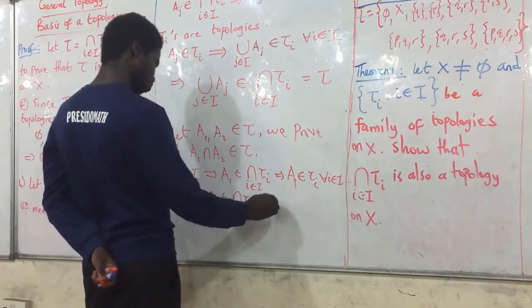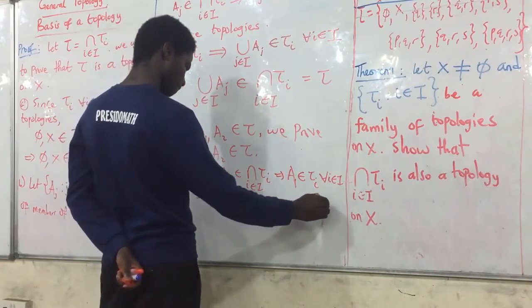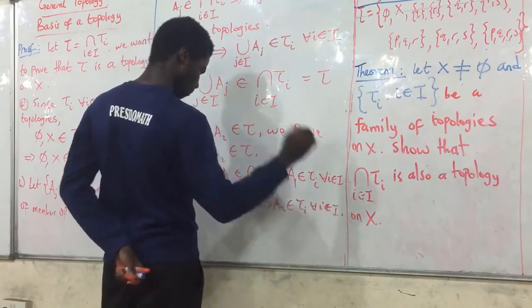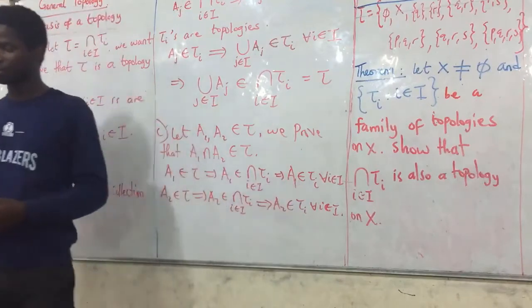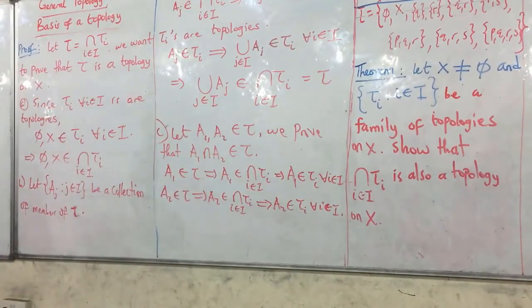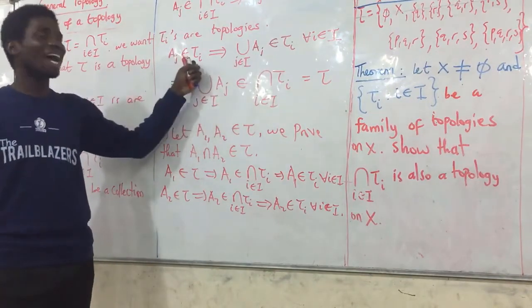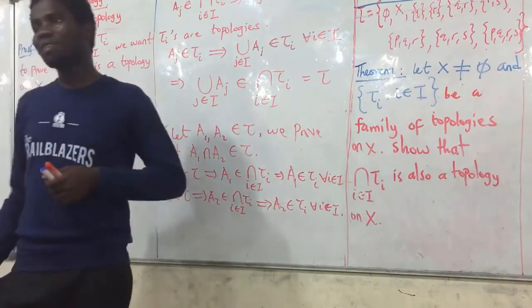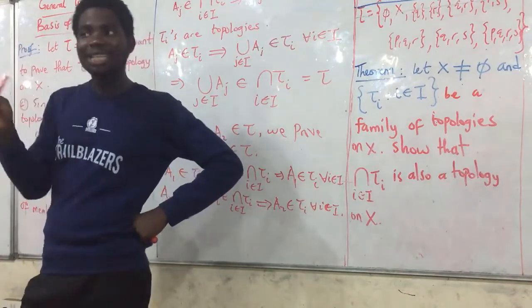And A2 belongs to T_i as well. If A_d belongs to T_i, the union of A_d also belongs to T_i. This happens because T_i is a topology. In the first class, I said that from the properties of a topology, I gave you two properties.